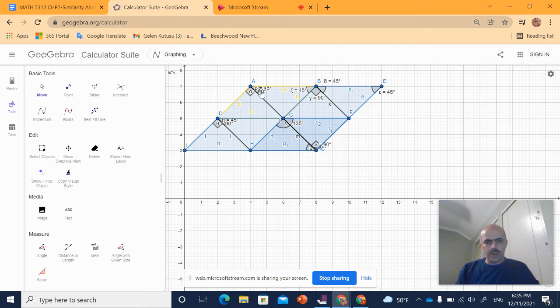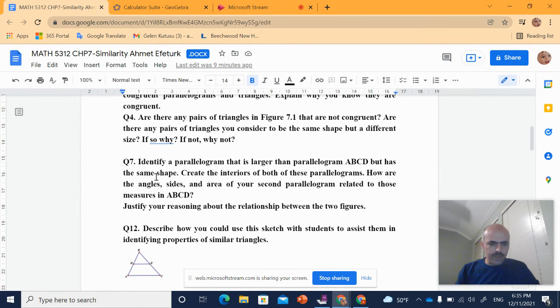Yeah, it is more clear now. This is 90 degrees. If we check, this one also will be exactly the same as the angle E, the 45. Here only one thing we didn't check: in question number 7, angles are already checked, the sides are already checked, and only the area remains.